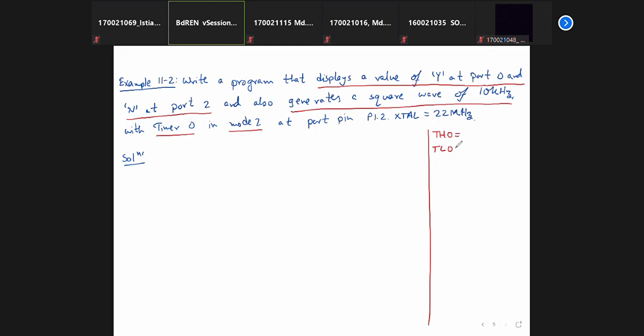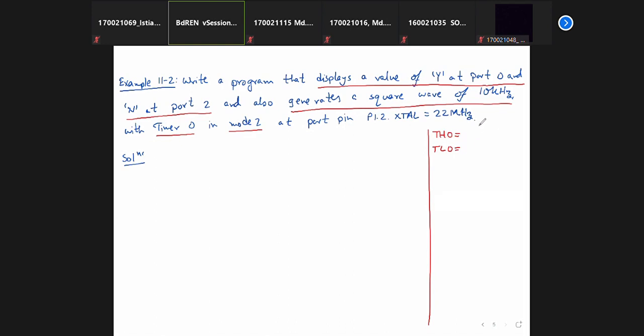All right. Now, can anyone recall what is mode 2? Mode 2 is 8-bit auto reload. That means we will load the required value in TH0 and then TL0 will get a copy of the value that we loaded in TH0.